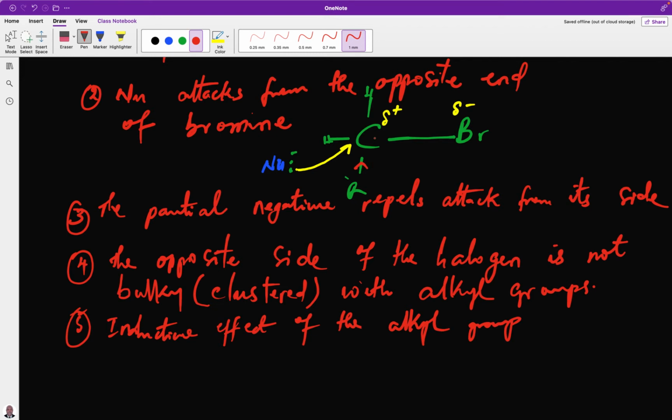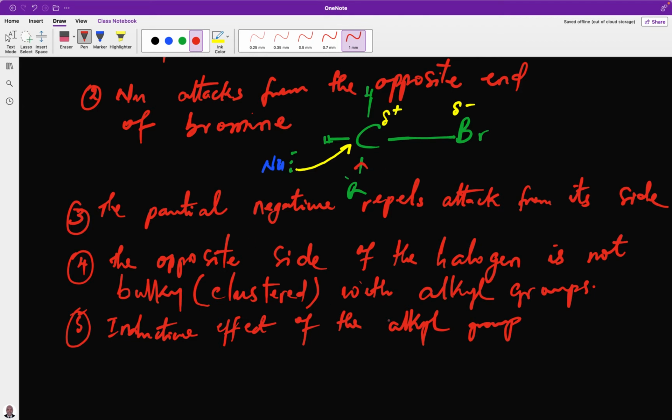You know that alkyl groups are electron donating. When they donate electrons on the positive carbon, they help to reduce the charge density on the carbon, thereby making it energetically stable. But because there's only one here, it makes the molecule relatively unstable, resulting in a high activation energy of the reaction.